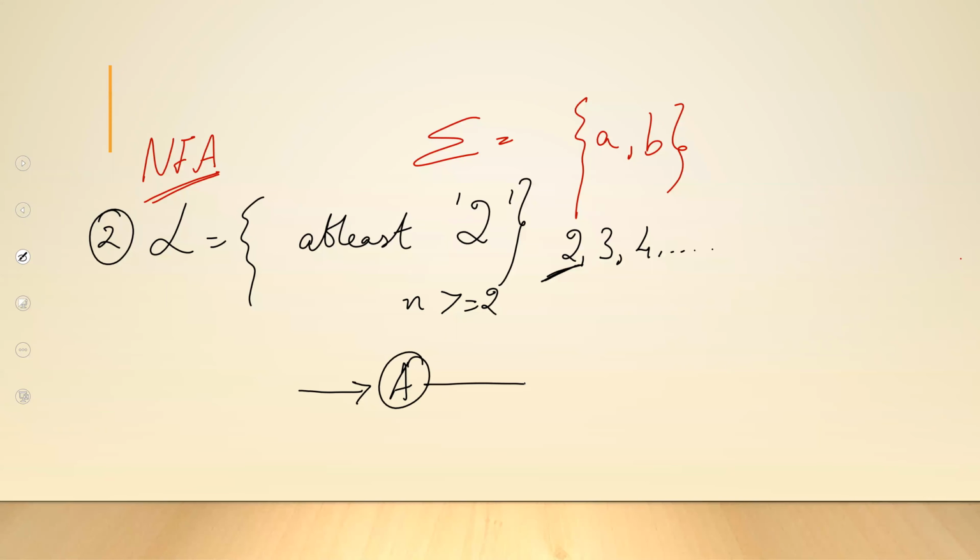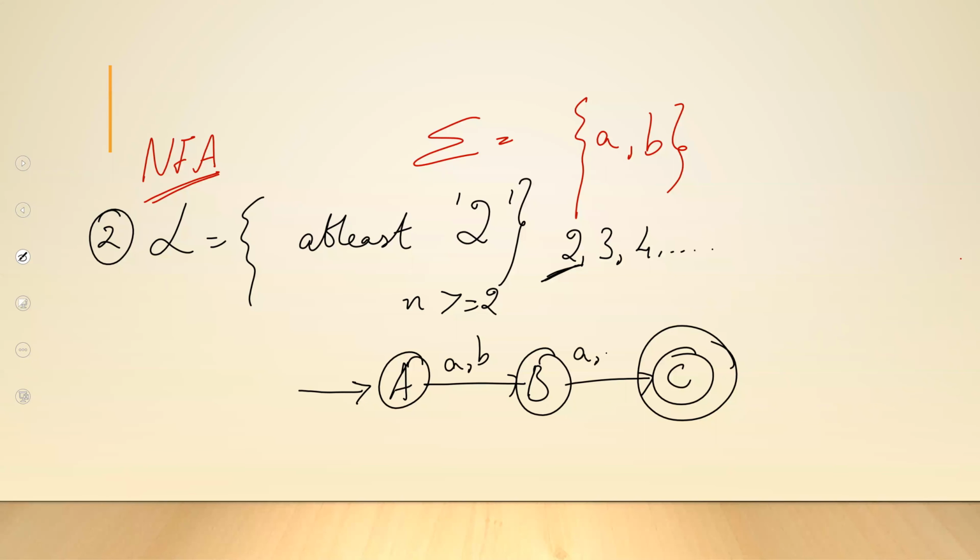Okay, so I'll first have my 2 length string: A, B, C. This is my starting state. This is my ending state. This is the NFA for a 2 length string. Now you should be having 3 length, 4 length, etc. You can go on and on.